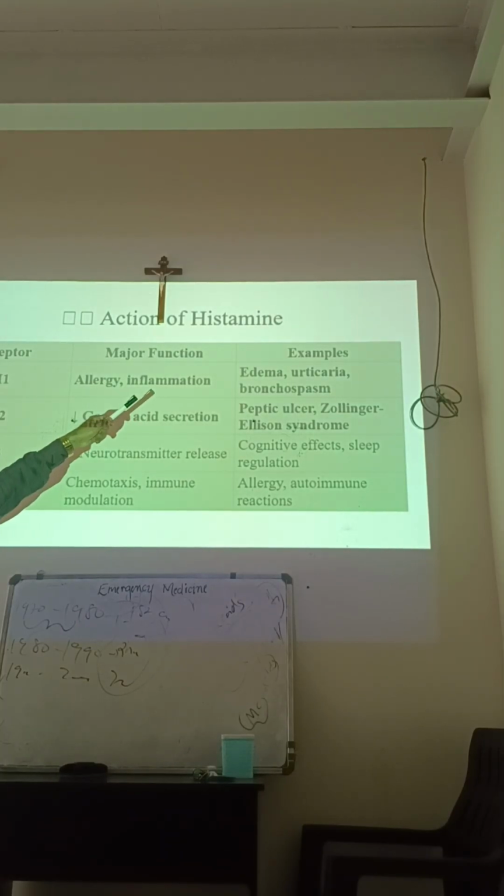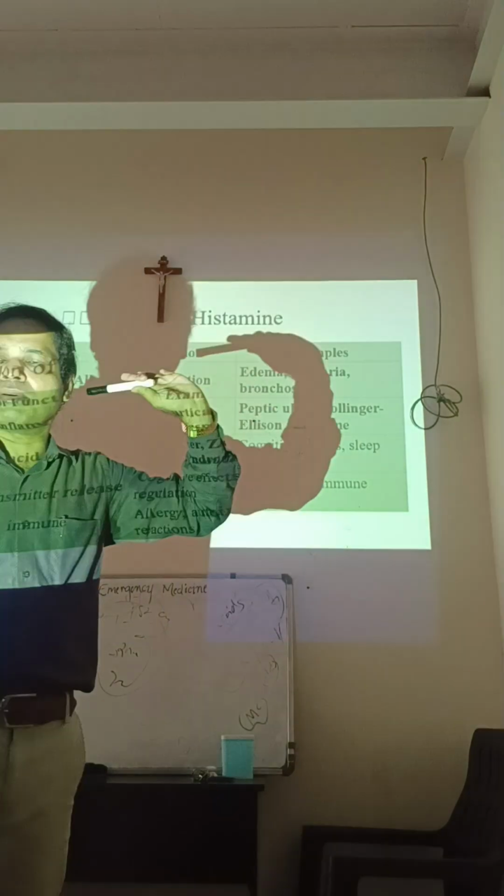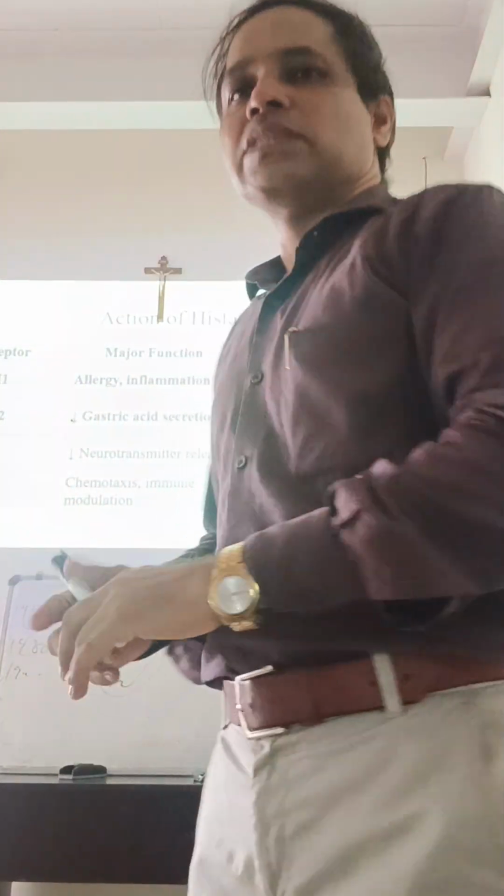Then these will get stopped. H2, if it is stimulated, increases gastric secretion. If you block this, gastric secretion decreases. These are H2 blockers, so they can be used in gastritis. But we are not going into detail on these two. Just know there are two other receptors, H3 and H4. For the time being, they are not important.